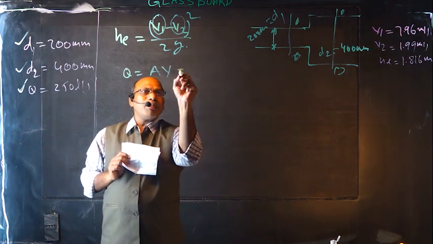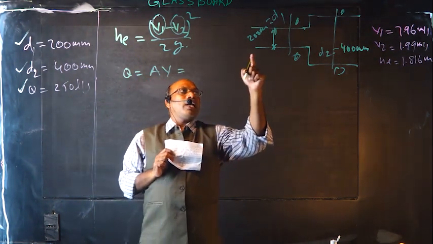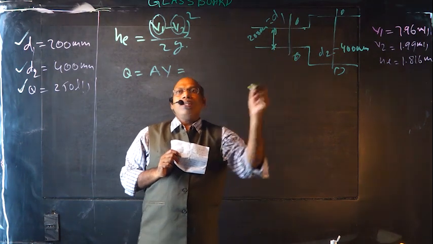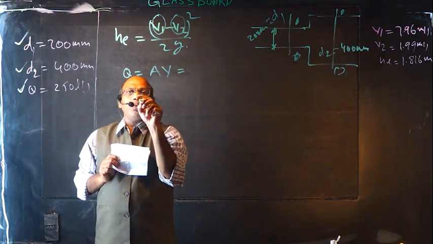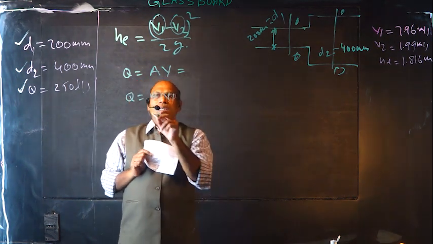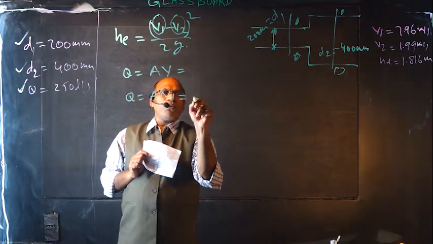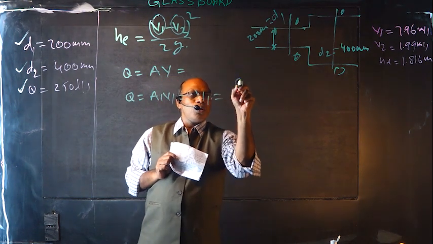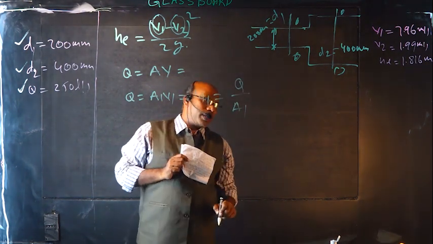Therefore, Q is equal to A1 V1. Therefore, V1 is equal to Q divided by A1.